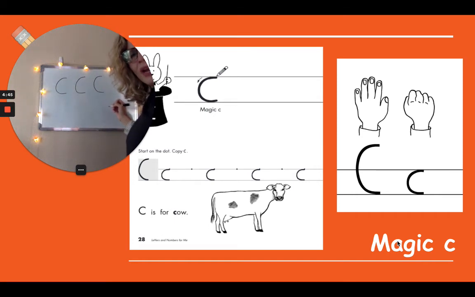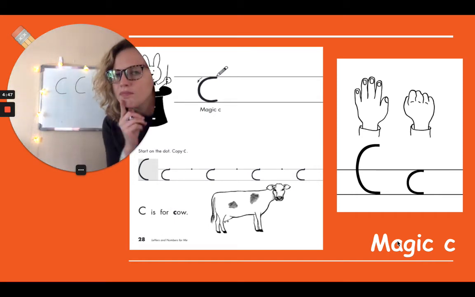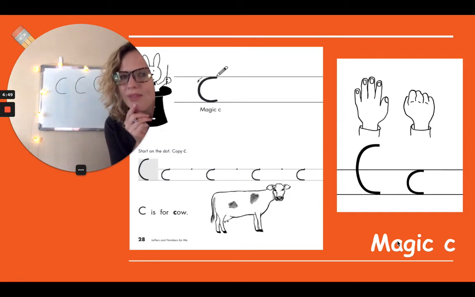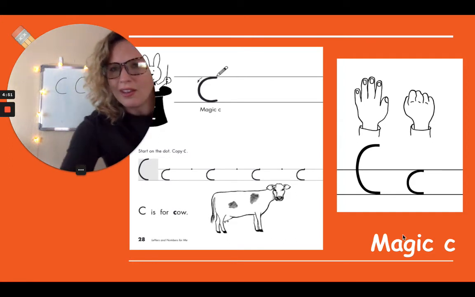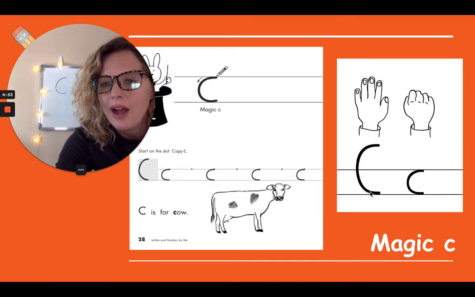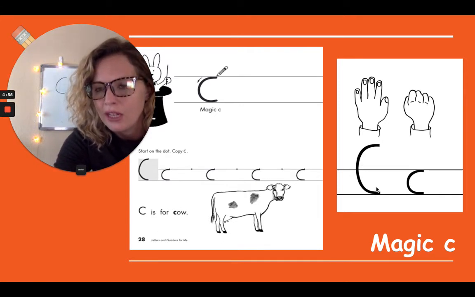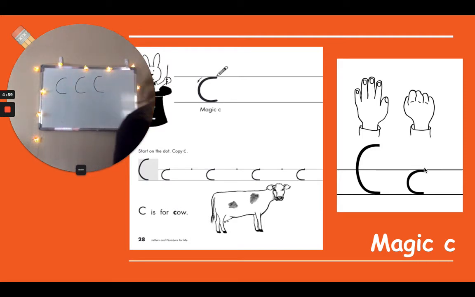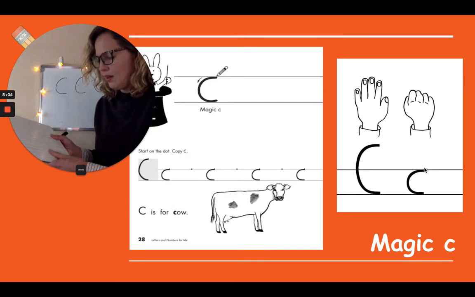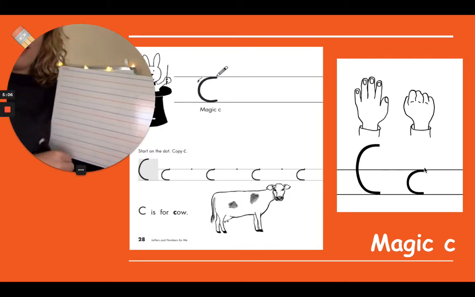How would we write our lowercase c? Well, they're the same. So let's look at this picture. If we know how to write an uppercase C or a capital C, we can write a lowercase c. Only this C stays inside the line. So Miss Kelly's going to show you.